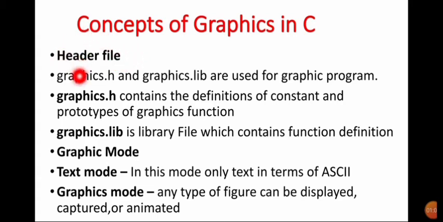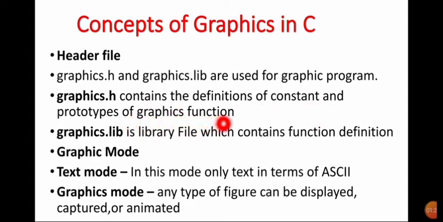The first concept is the header file. A header file is represented by graphics.h and graphics.lib. Lib means library, which is used in graphics for the C language. What is meant by header file? That is graphics.h. It contains the definition of constants and prototypes of graphics functions.